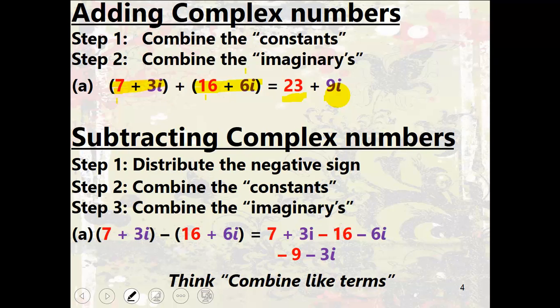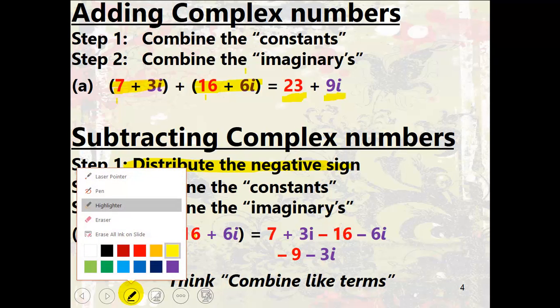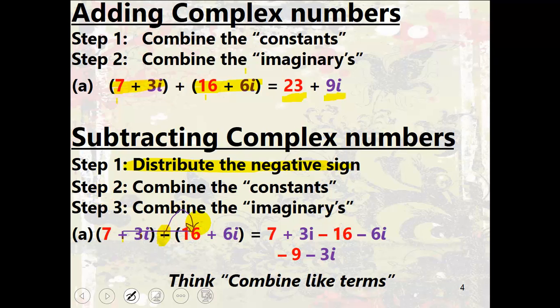Now when you go to subtract them, the only step you have to include is to distribute the negative sign before you actually do your combining of your constants and your imaginaries. So I took the same two complex numbers, 7 plus 3i, 16 plus 6i, and now I'm subtracting them. All right? So I don't have anything to change in my first complex number, so I just rewrote it. But now I'm going to distribute that negative across my complex number.